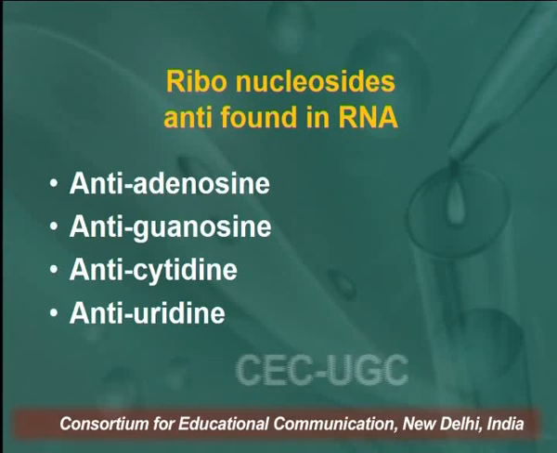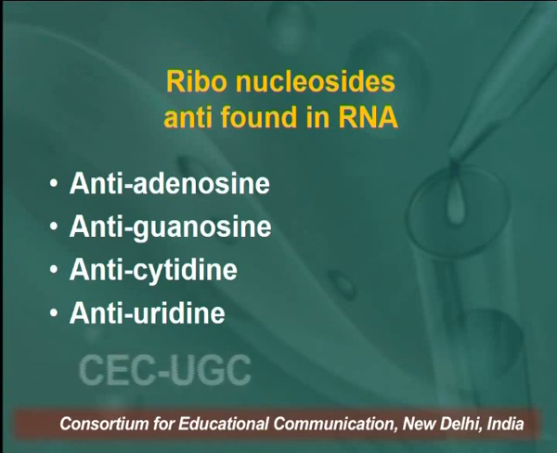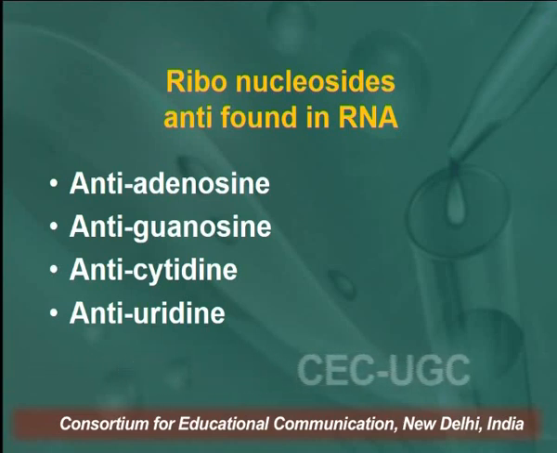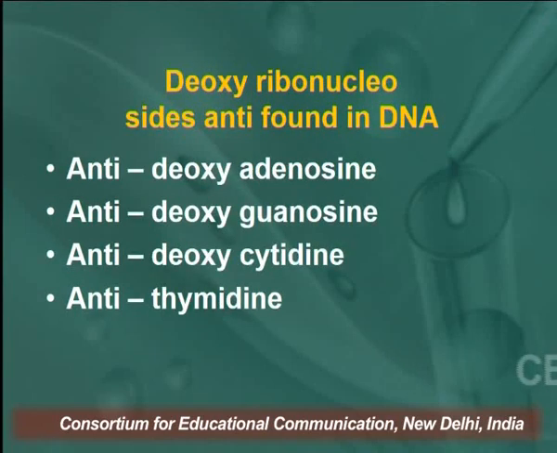Similarly, in ribonucleosides, the anti conformation is found in RNA: anti-adenosine, anti-guanosine, anti-cytidine or anti-uridine. In deoxyribonucleosides, the anti conformation found in DNA is called anti-deoxyadenosine, anti-deoxyguanosine, anti-deoxycytidine and anti-thymidine. These are the bases adenosine, guanosine, cytidine and thymidine, and when they are present in an anti conformation, we call them anti-deoxyadenosine, guanosine, cytidine and thymidine.